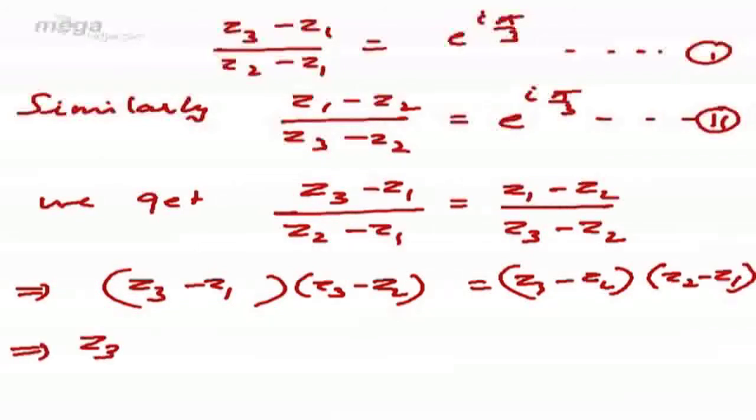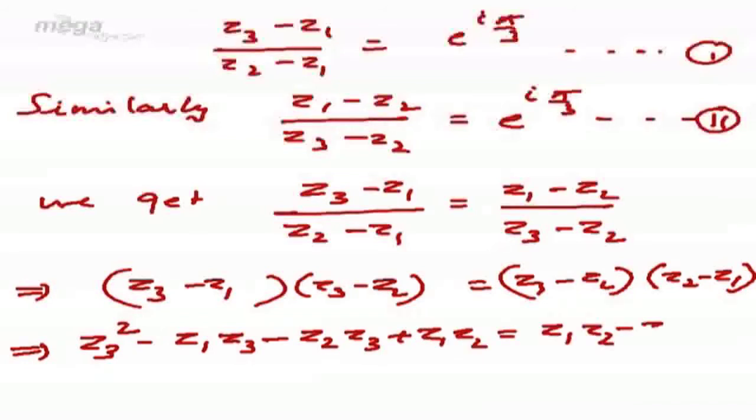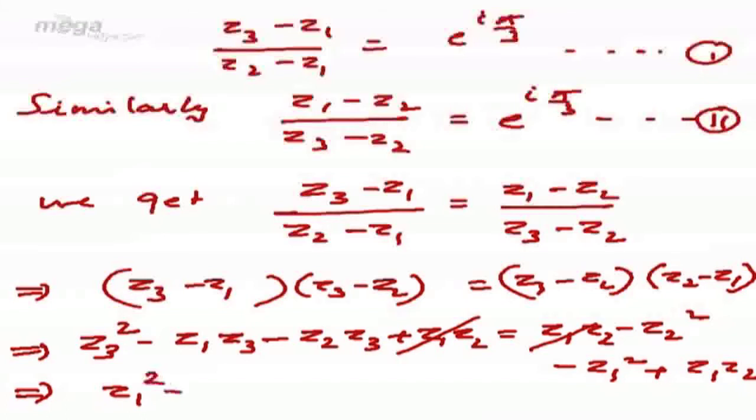This will become Z3 square minus Z1 Z3 minus Z2 Z3 plus Z1 Z2 is equal to Z1 Z2 minus Z2 square minus Z1 square plus Z1 Z2. So this Z1 Z2 cancels out. So this will become Z1 square plus Z2 square plus Z3 square is equal to Z1 Z2 plus Z2 Z3 plus Z3 Z1.